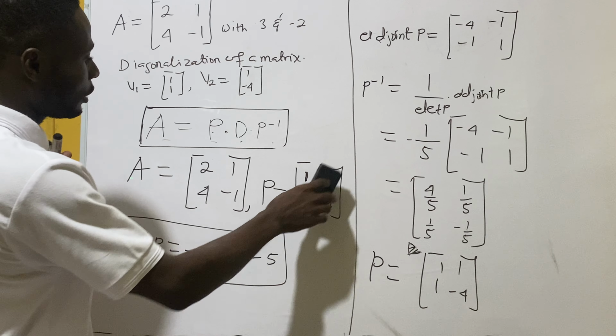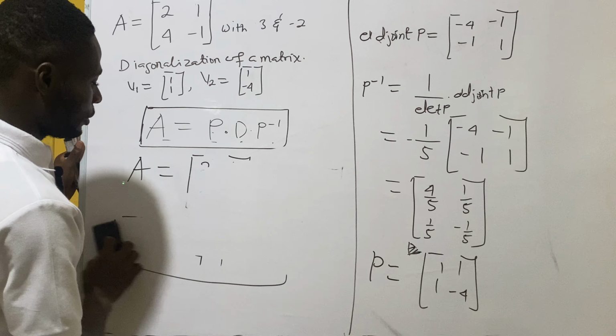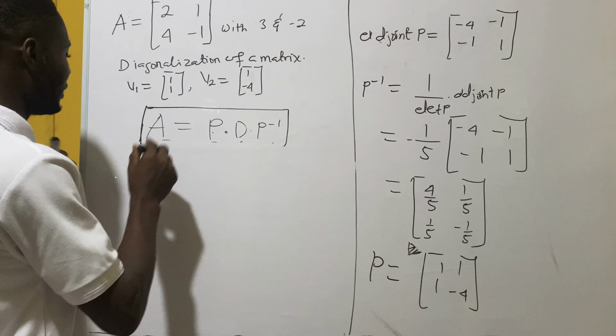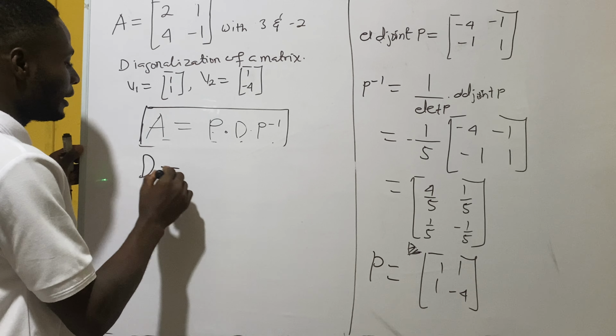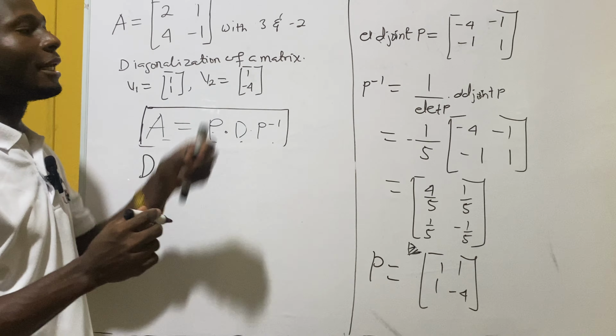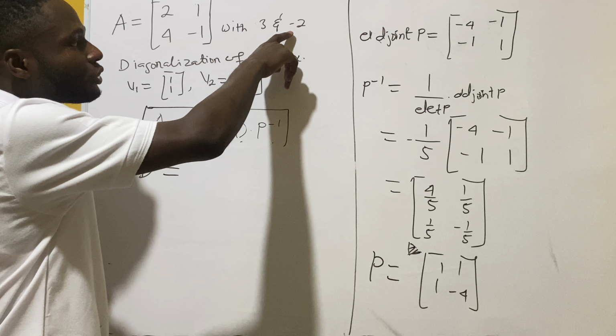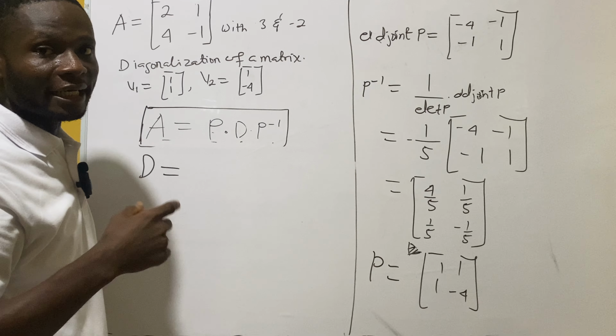Okay, so here our D is the eigenvalues. The eigenvalues have been given as 3 and -2.